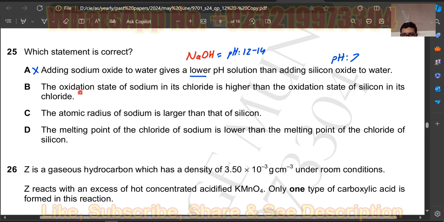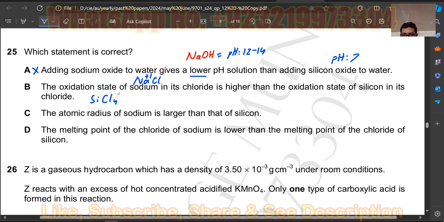Then option number B: the oxidation state of sodium in its chloride is higher than the oxidation state of silicon in its chloride. In NaCl, the oxidation state of sodium is +1. Whereas in the case of silicon with chloride, the compound is SiCl4.